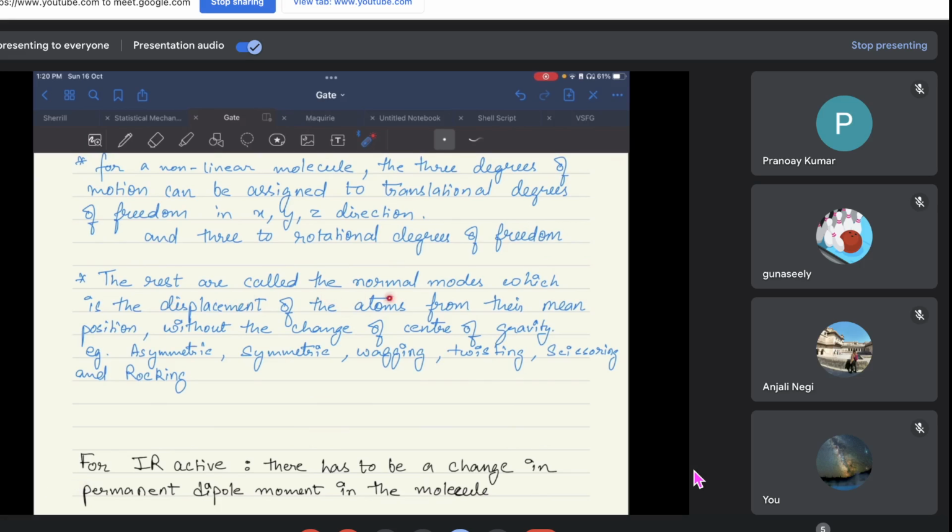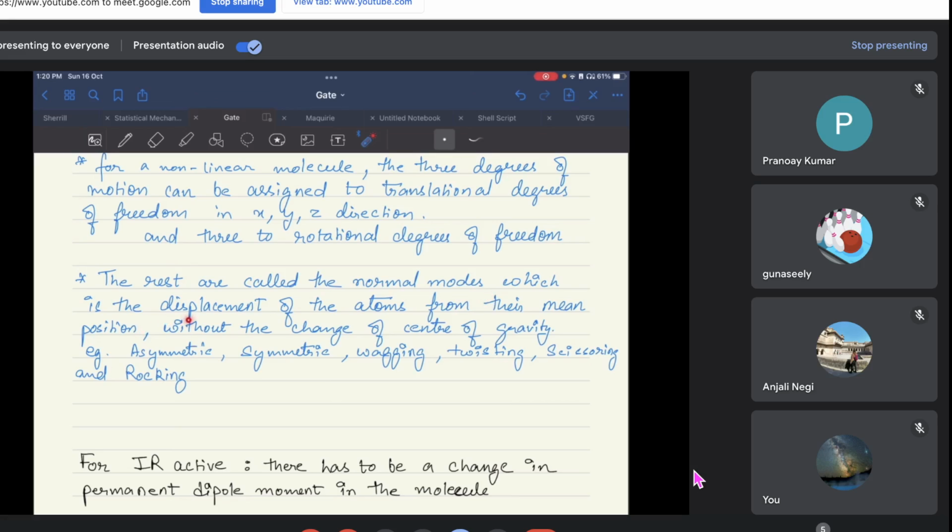And the rest are called the normal modes, which are the displacement of the atoms from their mean position without the change of center of gravity. Okay, keep this in mind. The rest of the modes, or vibrational modes, are known as the normal modes, excluding the translational and rotational degrees of freedom.